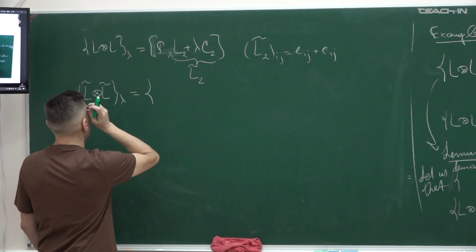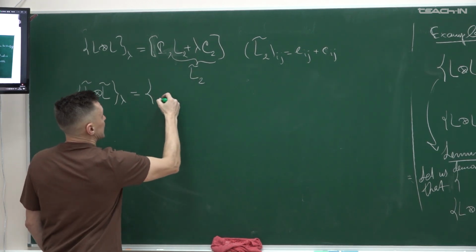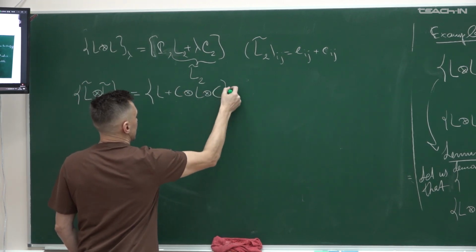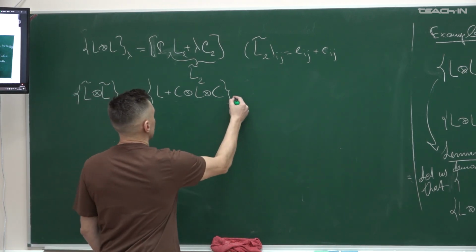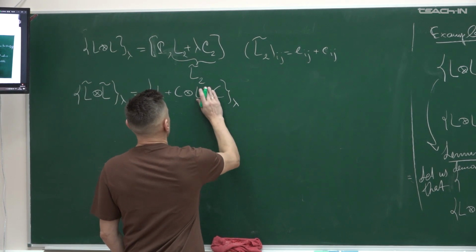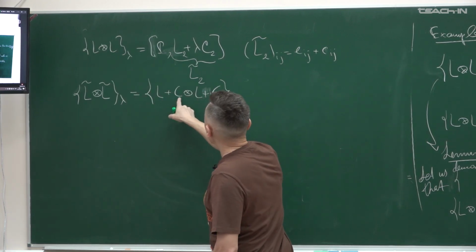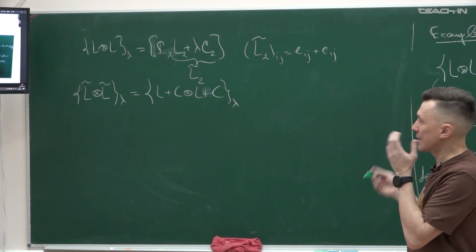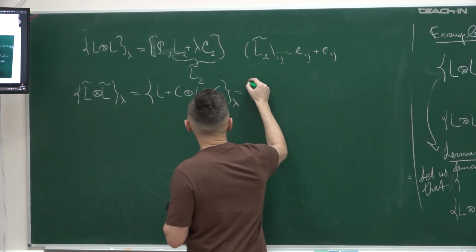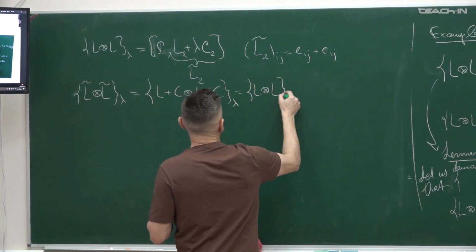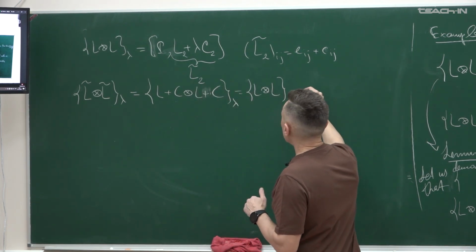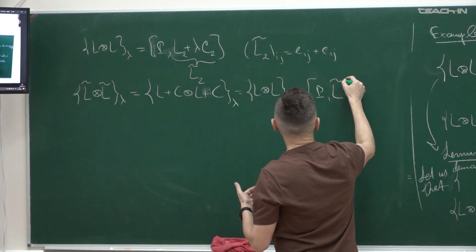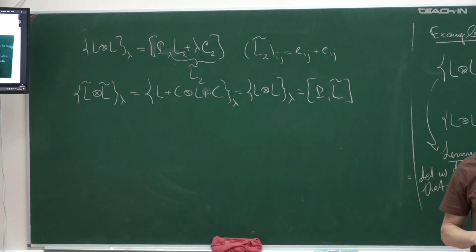By linearity it is L plus lambda C, and this C is just a constant, so it commutes with everything, so it is equal to the bracket of L, and by this definition it is just P L tilde. Okay.